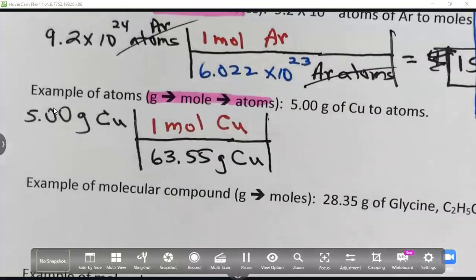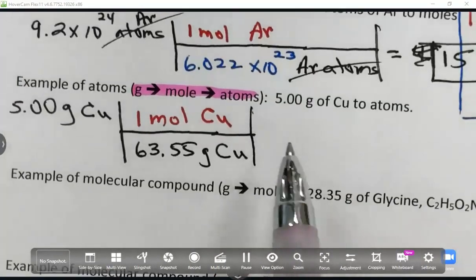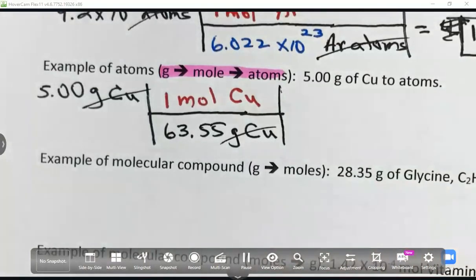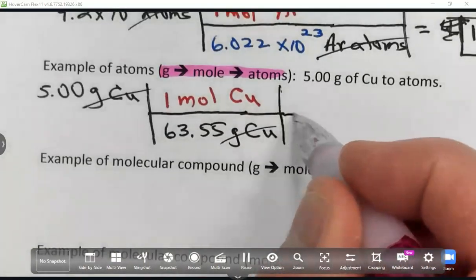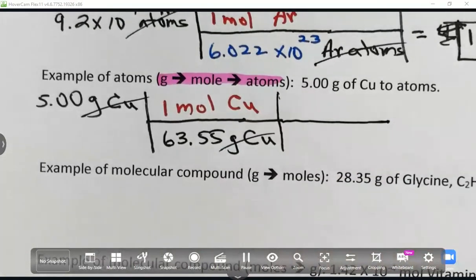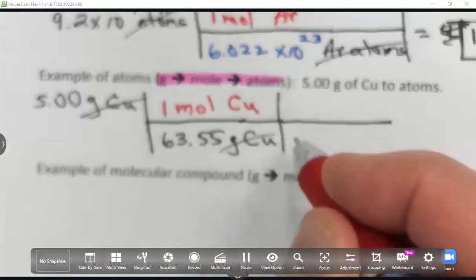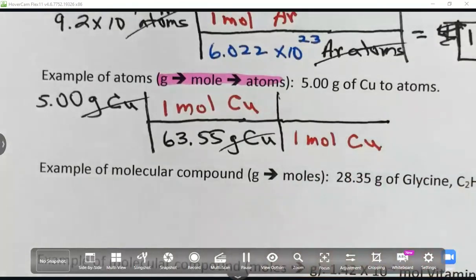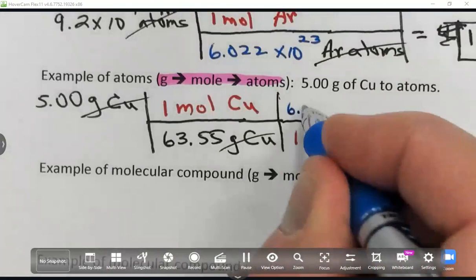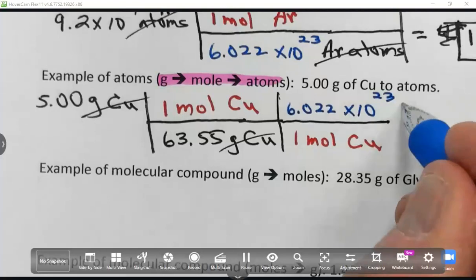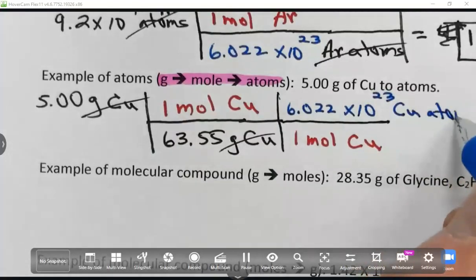Always convert to moles, and hopefully that's all you need to do, but in this case, we need atoms. My grams are going to cancel out. What am I going to do? I'm going to add another step. I've got 1 mole of copper, but I know 1 mole of copper is 6.022 times 10 to the 23rd copper atoms as well.